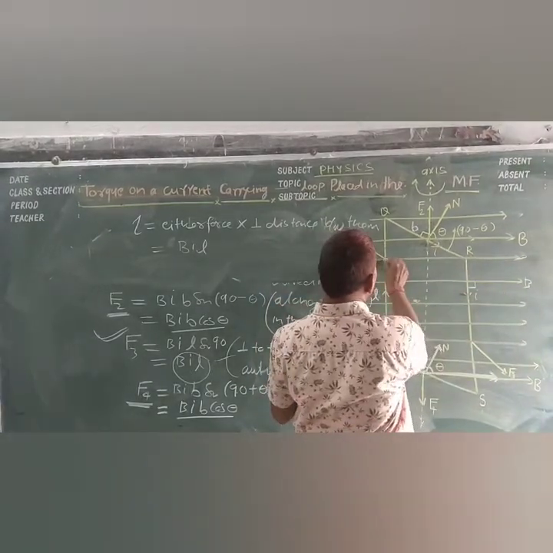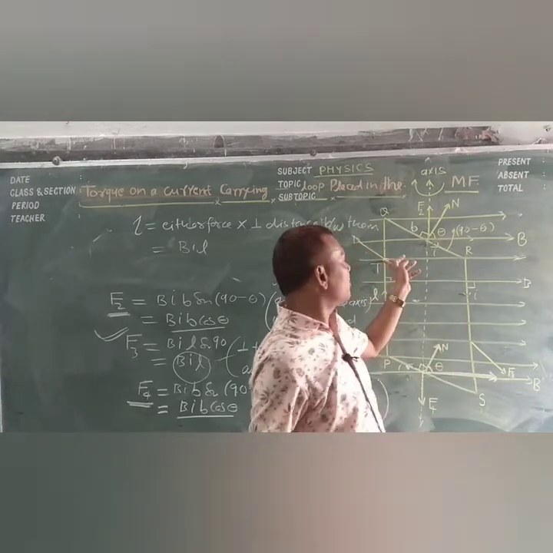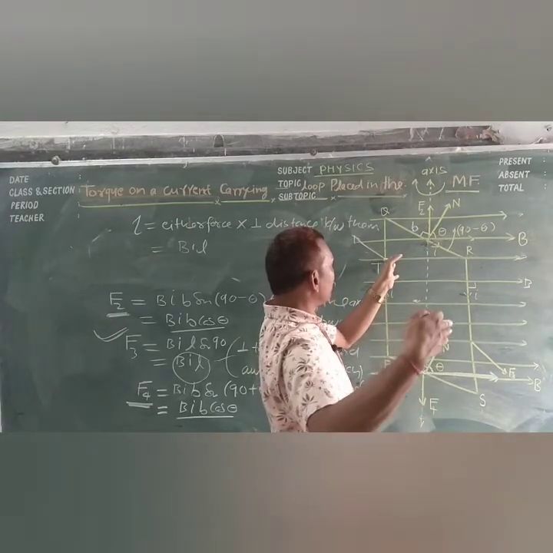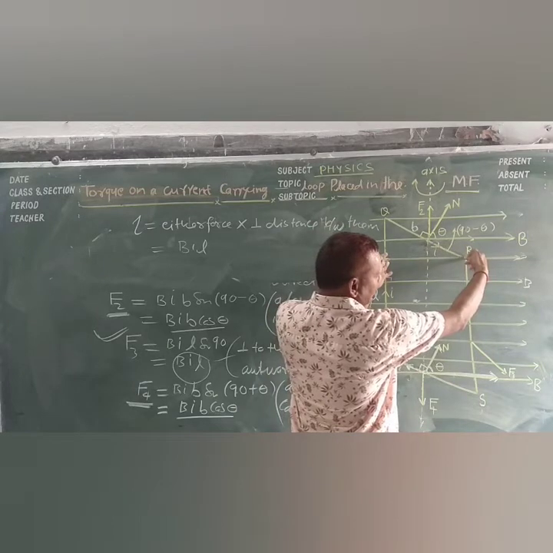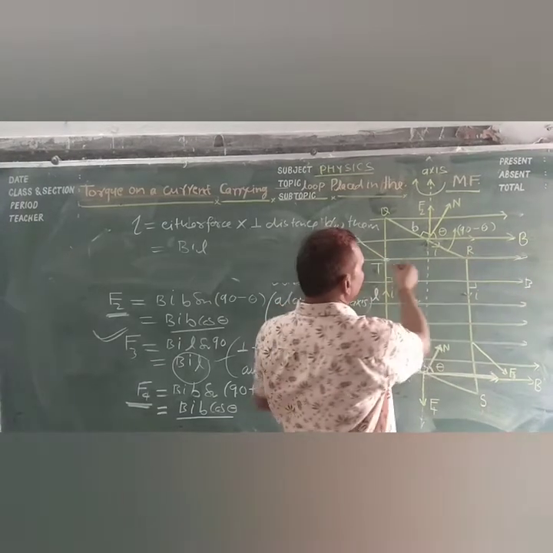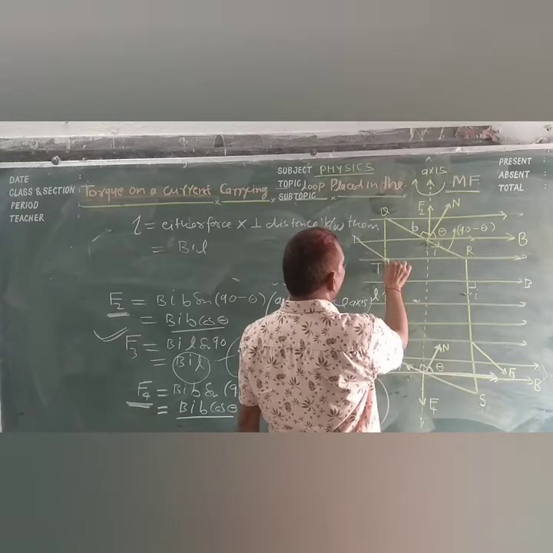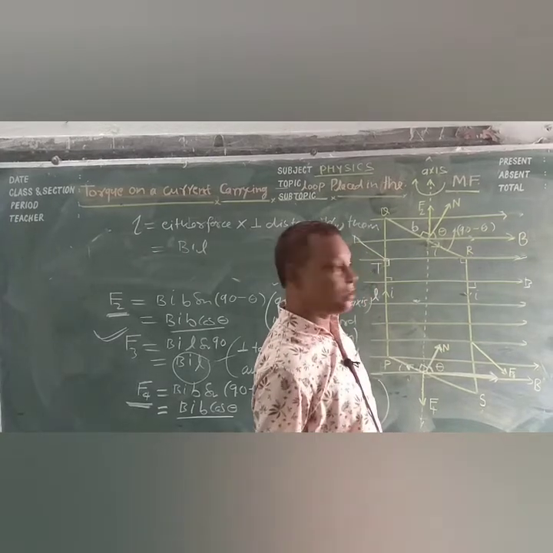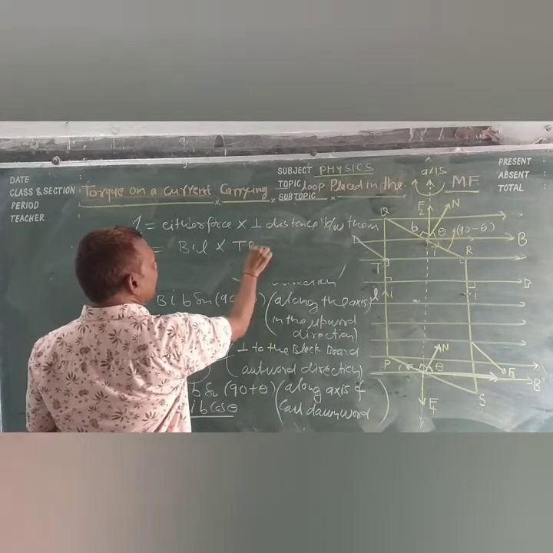Suppose this is your T, so the perpendicular distance will be TR. At point T, force F1 inward direction, at point R, force F3 outward direction. So TR is the distance which is perpendicular to F1 and F3 also. So this will be BIL into TR.